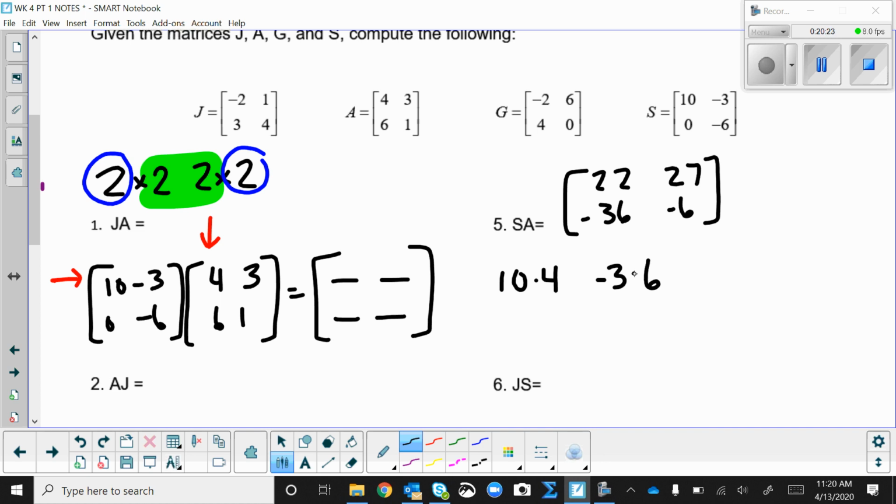You multiply them. But what do you do with those two things after multiplying? You add them. So this is 40 minus 18, which is 22. So then let's say you have the answer, but you're like, where does that go? Well, you just took the dot product of row 1, column 1. So that's where your answer goes. It goes in row 1, column 1.